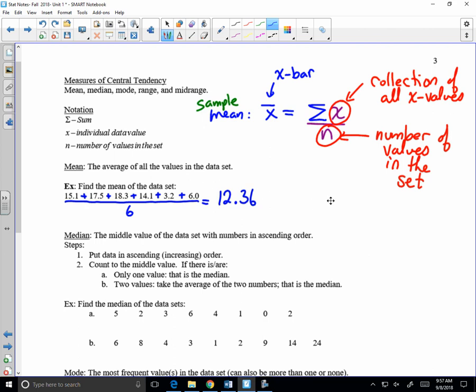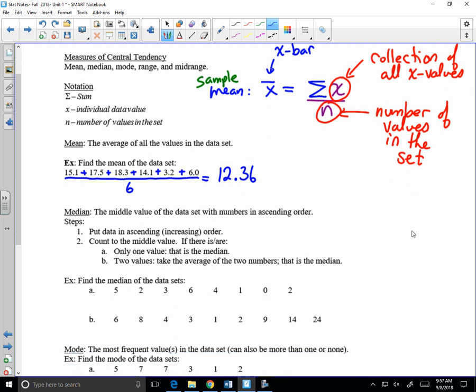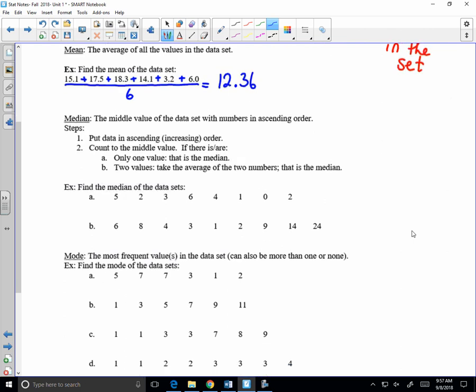All right, so the median is the middle value of a data set with numbers in ascending order. So this is the old school way of doing it. There's a newer school way of doing it, and then there's the newest school way of doing it.